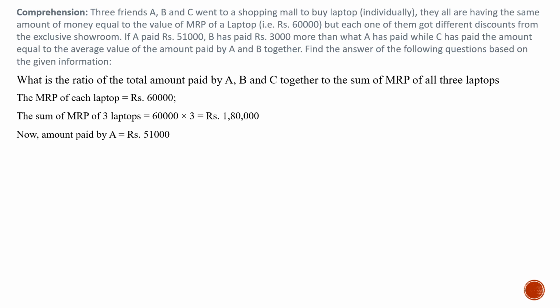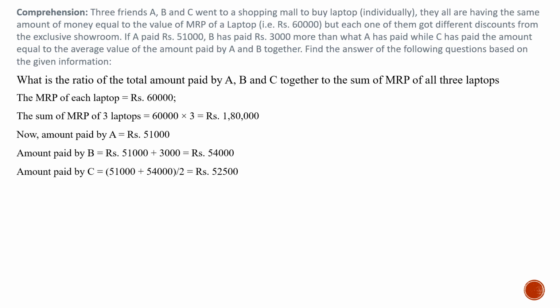B paid 3,000 more than A, so the amount paid by B will be 51,000 plus 3,000, 54,000. C paid the average of A and B together. So C's amount will be 51,000 plus 54,000 divided by 2, that is 1,05,000 divided by 2, 52,500.